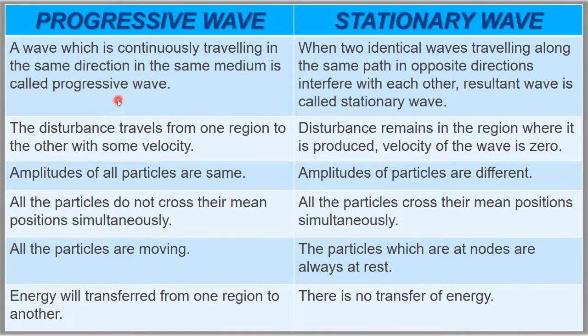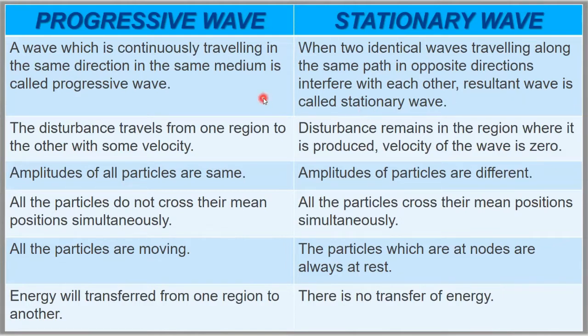Progressive wave is nothing but a wave which is continuously traveling in the same medium in the same direction, while a stationary wave means when two identical waves traveling along the same path in opposite directions interfere with each other, the resultant wave is called a stationary wave.